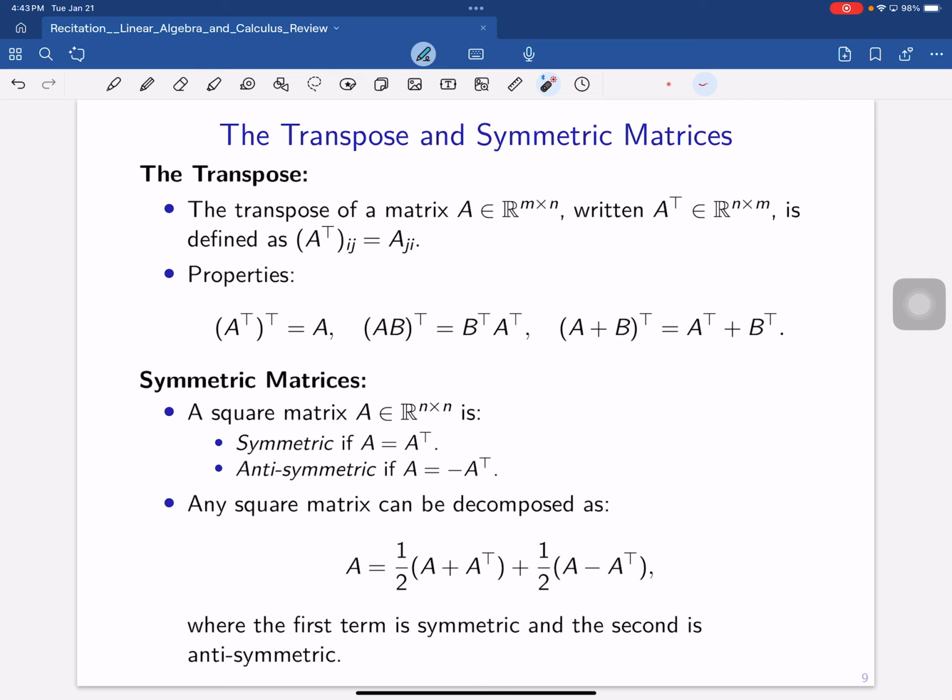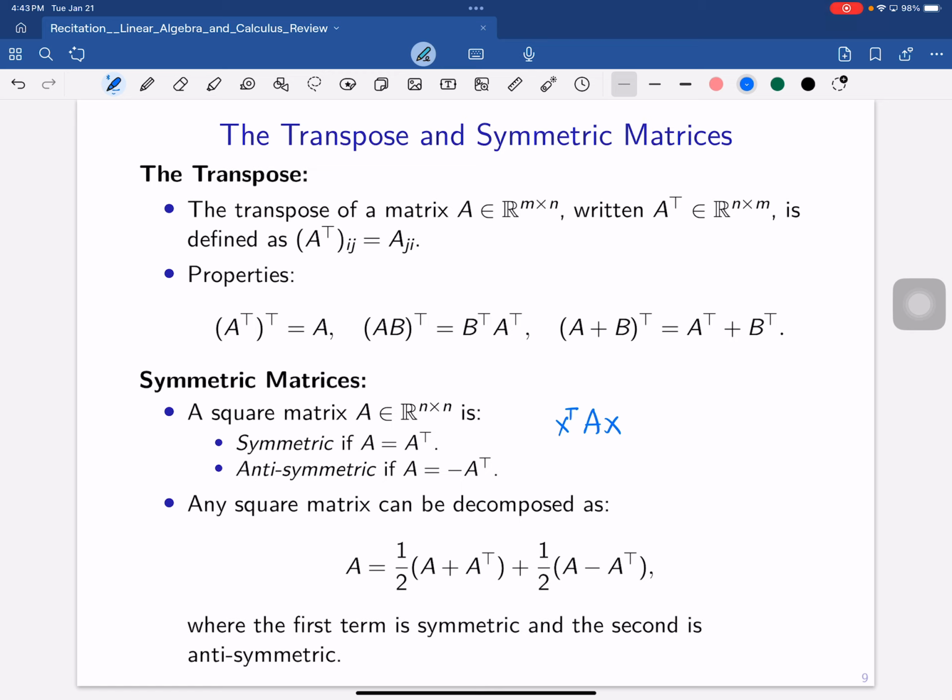The reason is when we consider n by n matrices, most of the applications are related to calculating some quadratic functions, x transpose Ax, let's say. A is an n by n matrix, and usually you assume A is symmetric in this context.